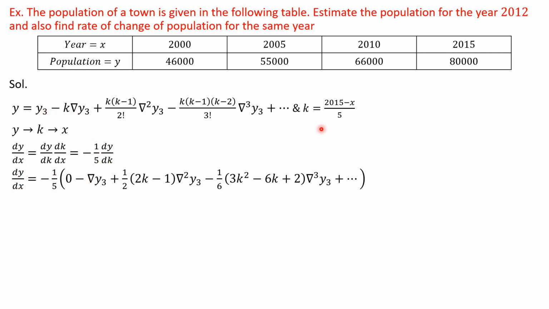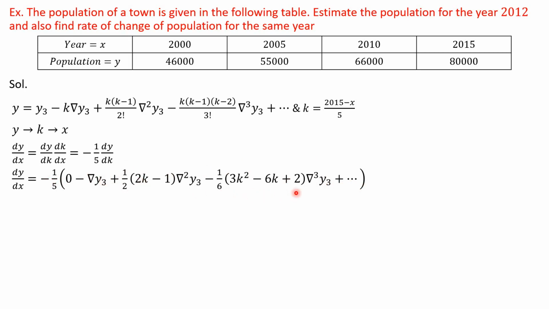Now we'll differentiate this polynomial with respect to k. The derivative of y3, a constant with respect to k, will be 0, plus del y3. So open these brackets and differentiate it. It is 1 by 2 into (2k plus 1) del square y3, plus 1 by 6 (3k square plus 6k plus 2) del cube y3, and so on. So this is the polynomial for the derivative of Newton's backward difference interpolation.